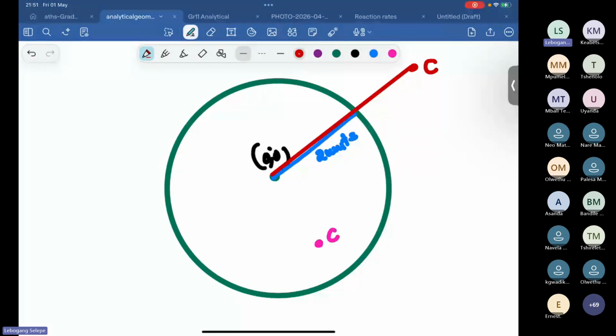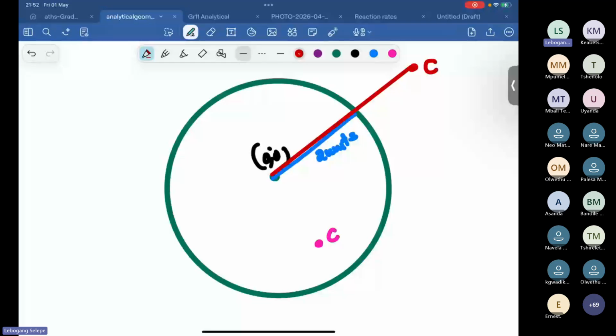Is the distance between the origin and C greater or less than the radius? It's greater, right? You can see with your naked eye that if the point is outside, there's going to be a bigger distance between the origin and point C compared to the radius of the circle.